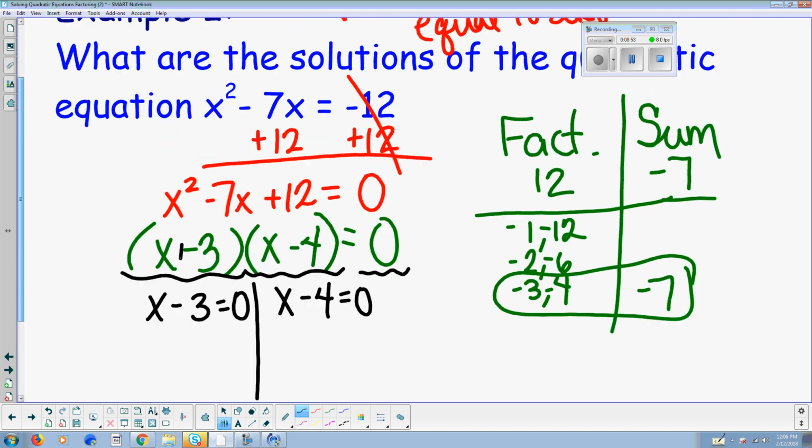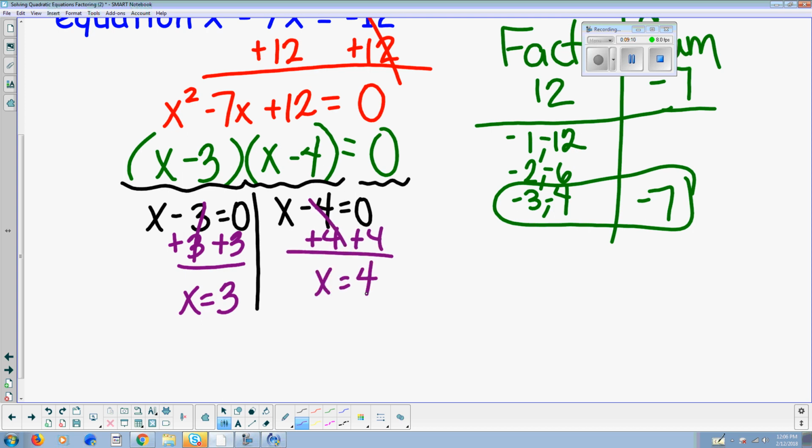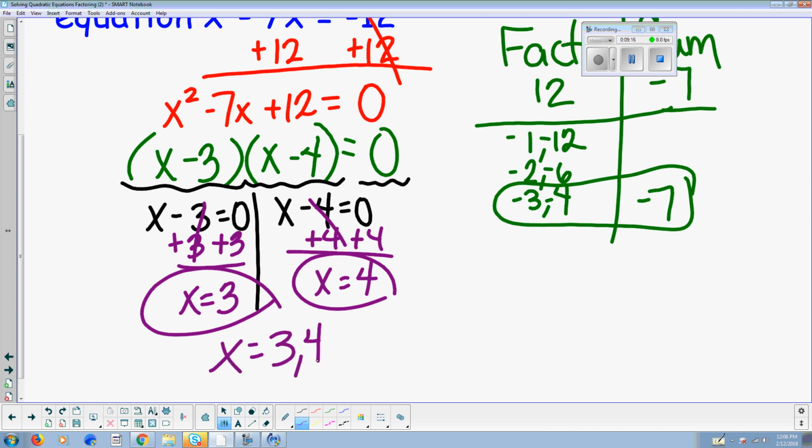So, I'm going to add a 3 on both sides here. And I get x equals positive 3. Add a 4 on both sides here, and I get x equals positive 4. So I have two solutions, x equals 3 and also x equals 4.